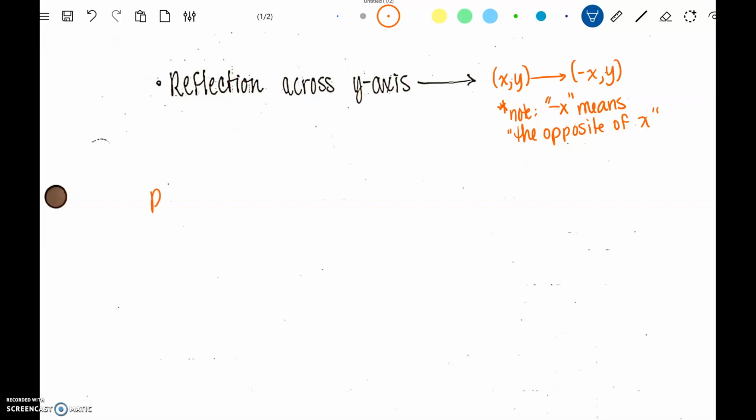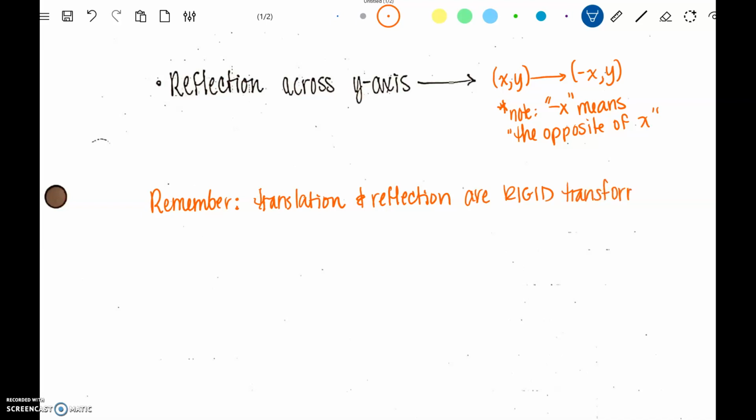Some things about transformations that we need to remember from what we've learned before is that translations and reflections are rigid transformations. They create congruent figures.